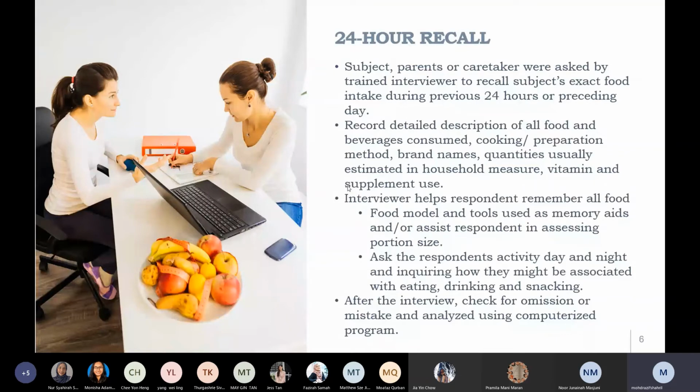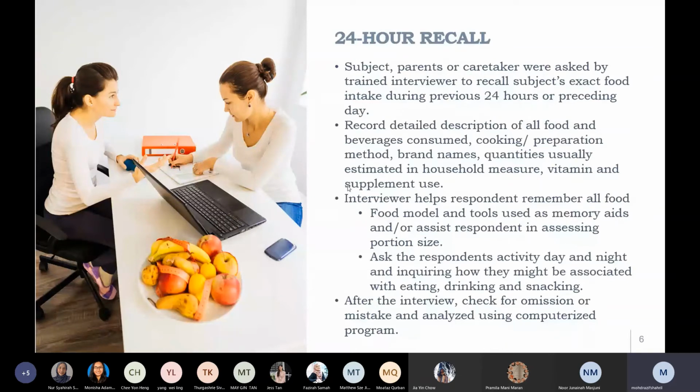That is the reason why it's called a 24-hour record. We just meet them once, and then we ask them what they have consumed in the past 24 hours by asking them to recall what they have actually consumed.